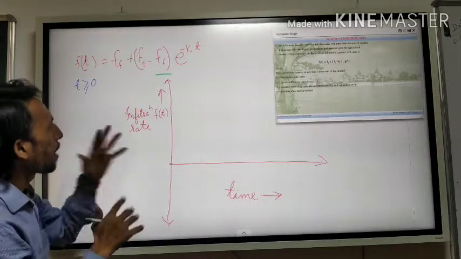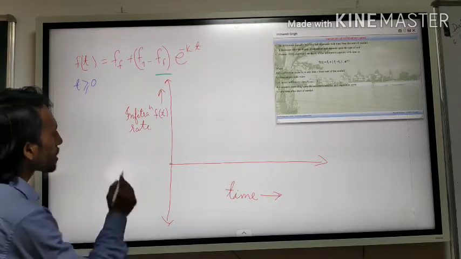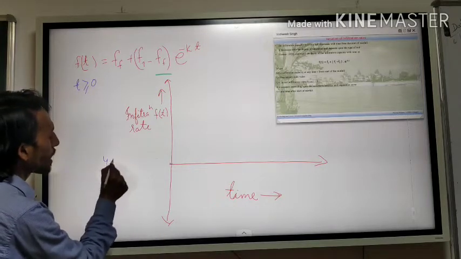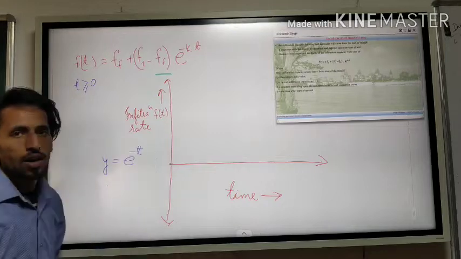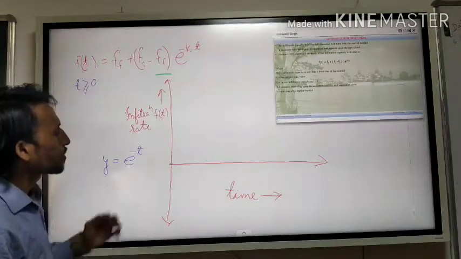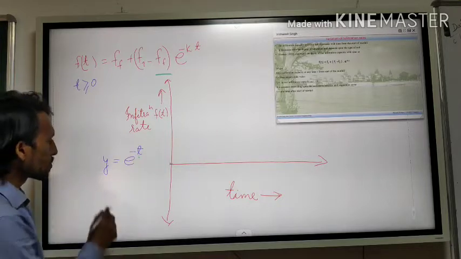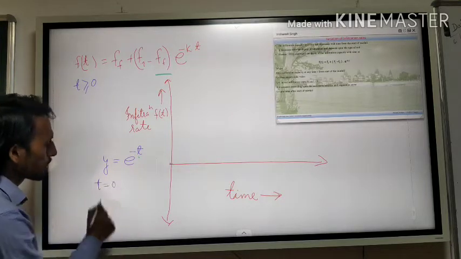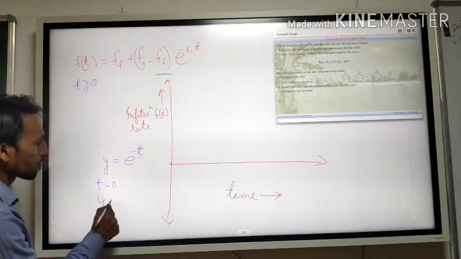Now I will draw the curve step by step. First let me draw the curve for y is equal to e to the power minus t. If you put t is equal to 0, what will you get as y's value?